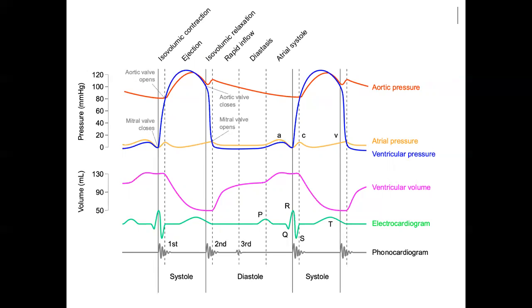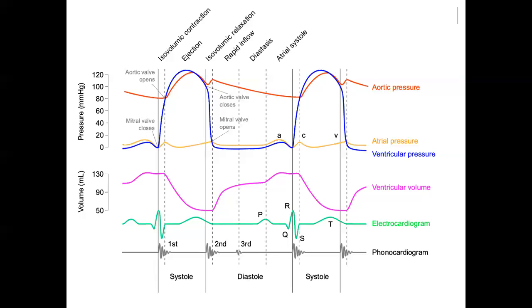The EKG was not part of the diagram in 1920 because that wasn't in existence yet. But the pink line is the ventricular volume moving along. The blue line is the ventricular pressure in the left ventricle. The red line is the aortic pressure. And the yellow line is the atrial pressure of the left atrium.